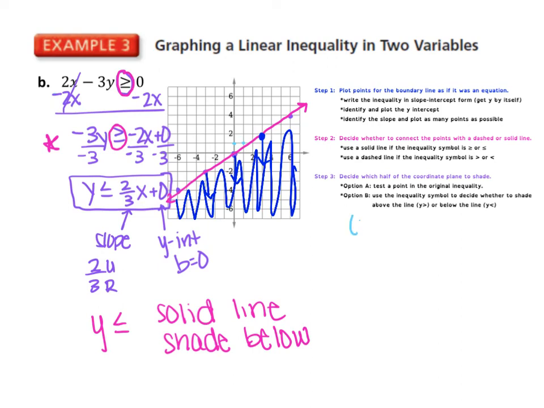If I try 1, 1 in my original problem, 2 times 1 minus 3 times 1 is greater than or equal to 0. Well, that's 2 minus 3, which is negative 1. Is negative 1 greater than or equal to 0? So that point 1, 1 should not be shaded, and it's not the way we shaded on our graph.